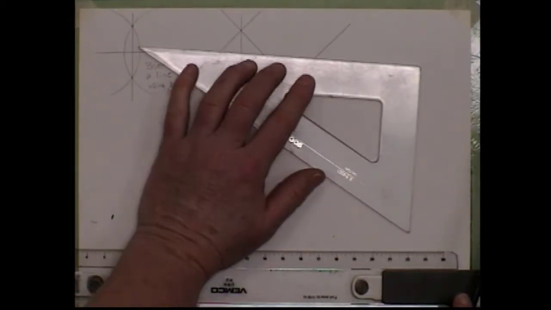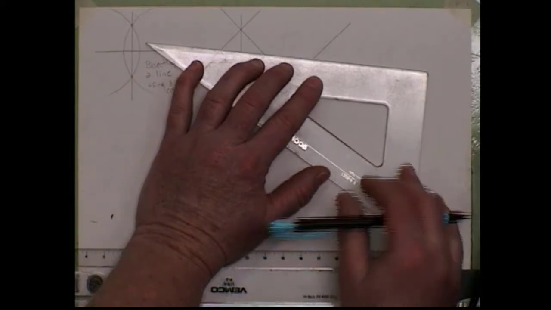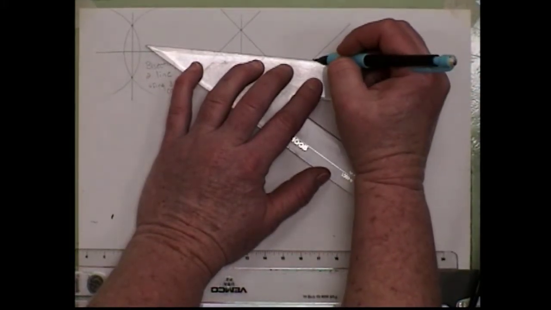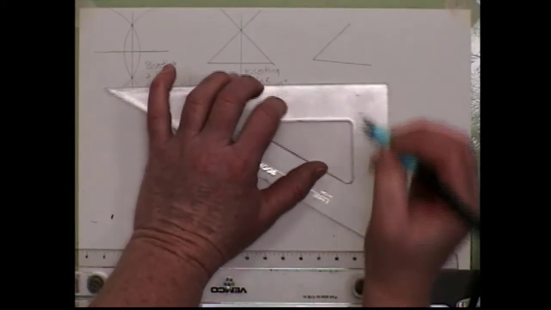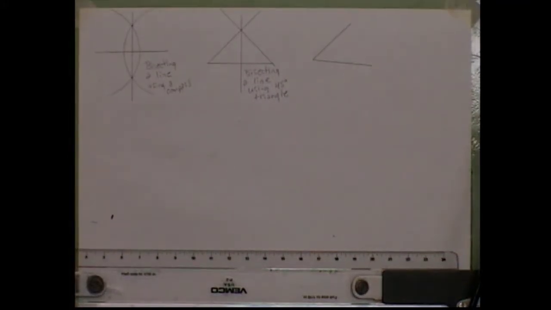So acute just means it's less than 90 degrees. All right, so I made an acute angle, a little baby angle. And babies are cute. I didn't measure that angle. I didn't measure my lines. I didn't measure anything. I just made an angle.